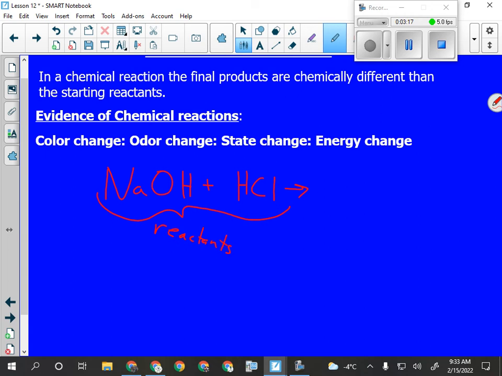That's not in your notes, so you might want to add that. So whatever I start with, whatever is going to react, are the reactants. This reaction would produce these products.